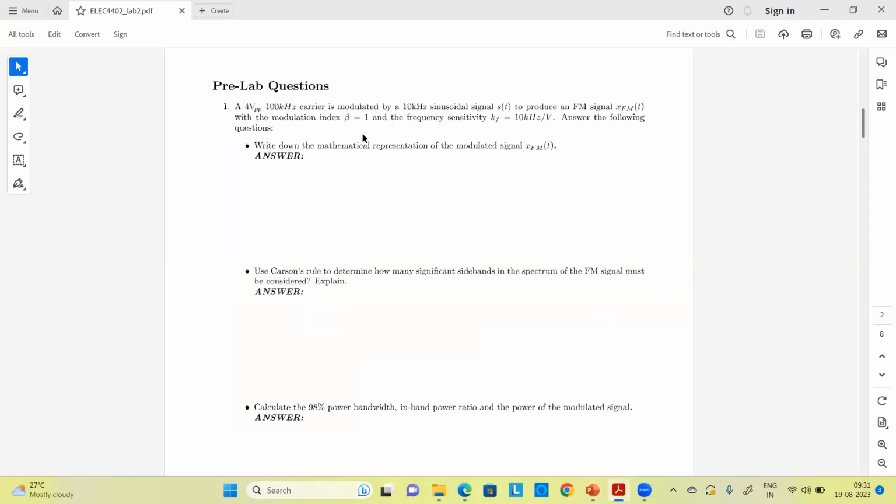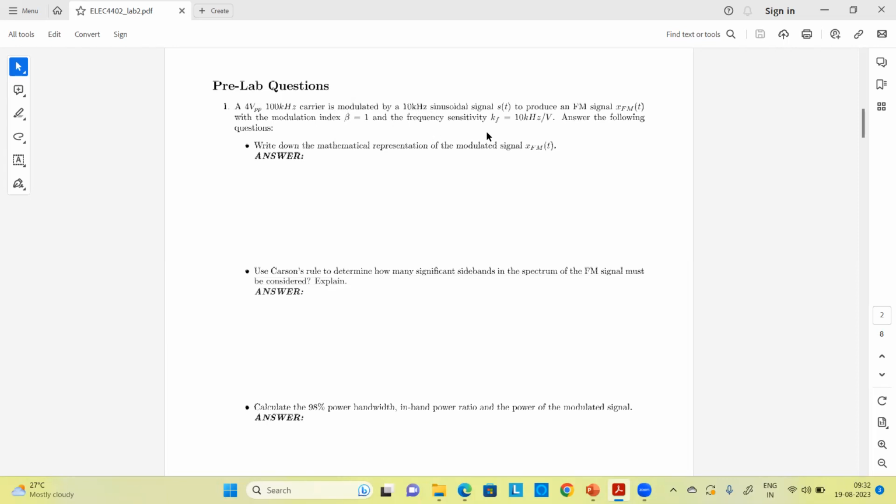They would have just given you that the modulation index is 1. Then you should know that this modulation index is nothing else than beta. So in the exam, they might not give you the notation, but you should know that the modulation index is denoted by beta.